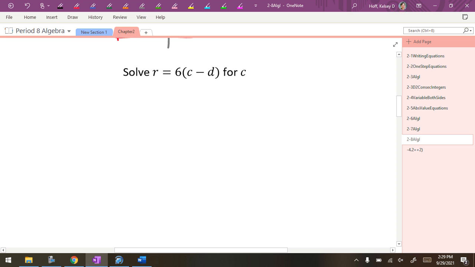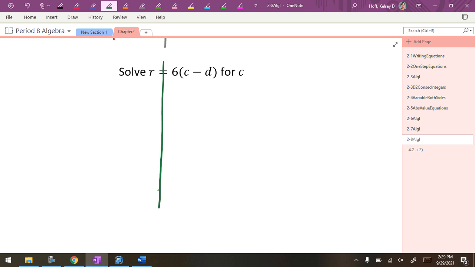R equals 6 times C minus D, and you're solving for C. As soon as we see that, we're like, ooh, we've got to distribute, because that's how we get rid of those parentheses. And when you distribute, what math operation is that? Multiplication.